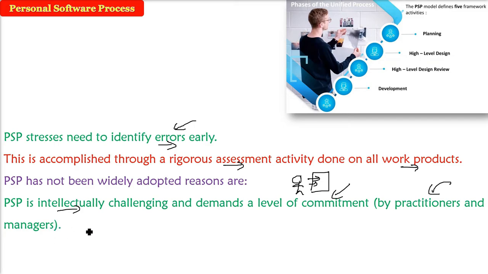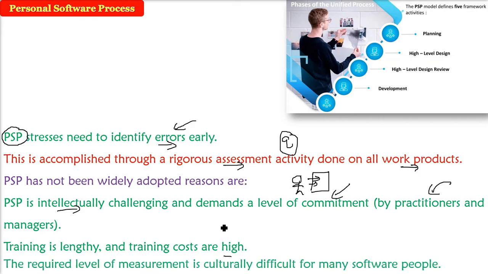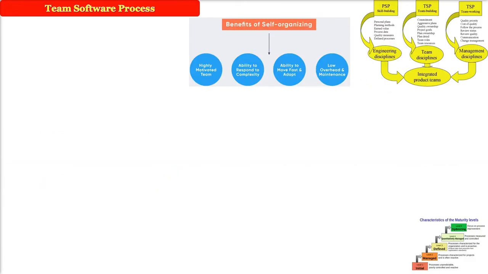They are also individuals. You can train them for PSP, but the training is quite lengthy and requires a lot of money, so the cost and length of training are quite high. One more problem is that the required level of measurement is culturally difficult for many software people. Software people learn something different, right?